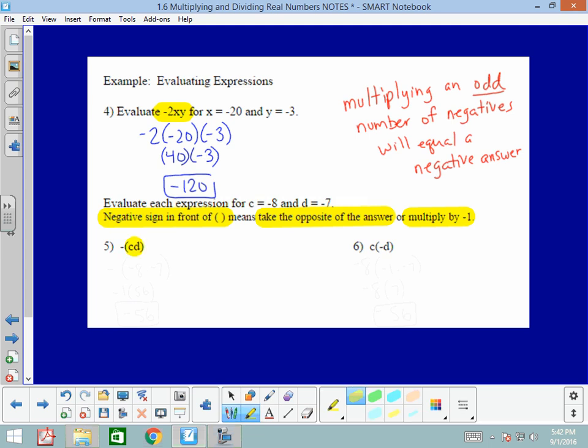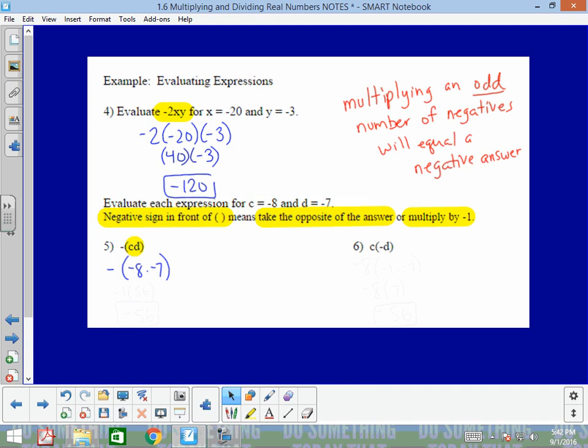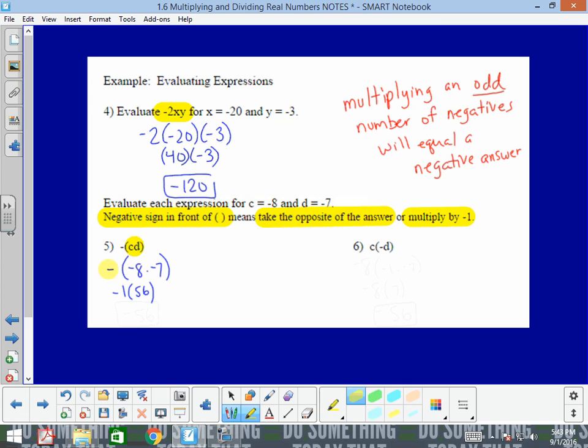So when I put the negative 8 and the negative 7 into the parentheses, it's going to be multiplication. First you multiply negative 8 times negative 7, which you get positive 56. And then I made that negative symbol a negative 1. Then you multiply and you get negative 56. So that's how you can use that negative symbol as a negative 1.